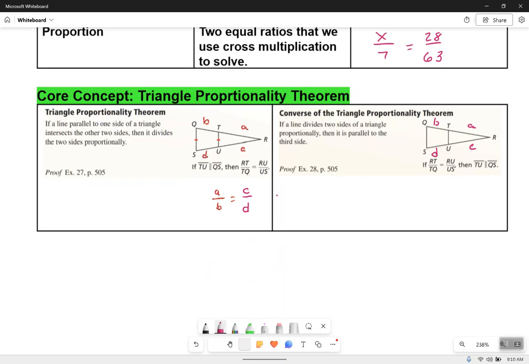It says if A over B equals C over D, then this would imply that the segment TU would be parallel to what? What would TU be parallel to if that was QS? Very good. Okay. All right.